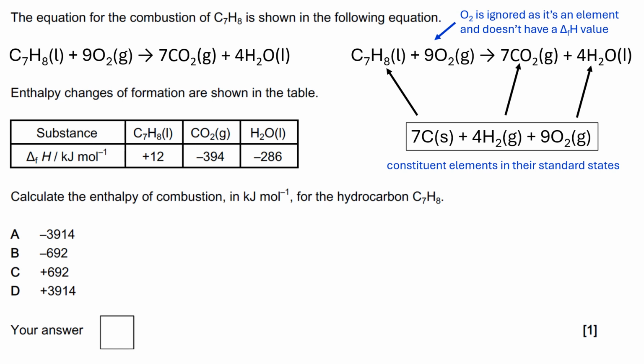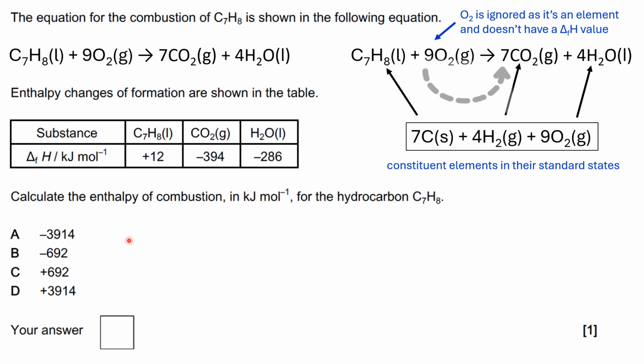You ignore oxygen because it doesn't get a delta FH value, because if you remember, oxygen is not a compound. It's the formation of 1 mole of a compound from its constituent elements, and if you've got a constituent element already, it doesn't get an enthalpy of combustion.